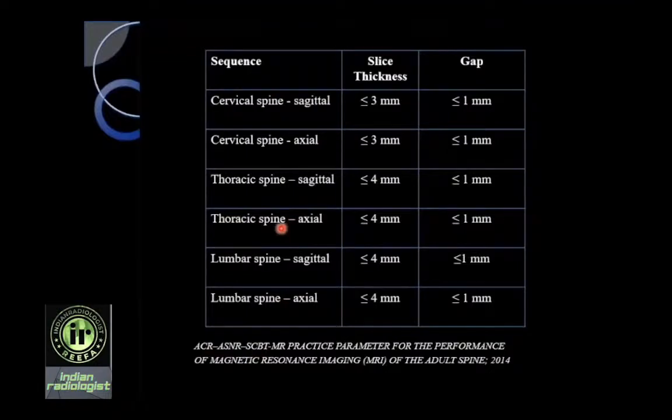for degenerative disc disorders. For example, in the cervical spine, the T1s and T2s are obtained with a slice thickness of 3 mm and a gap of 1 mm. In the thoracic and lumbar spine, the slice thickness is 4 mm.